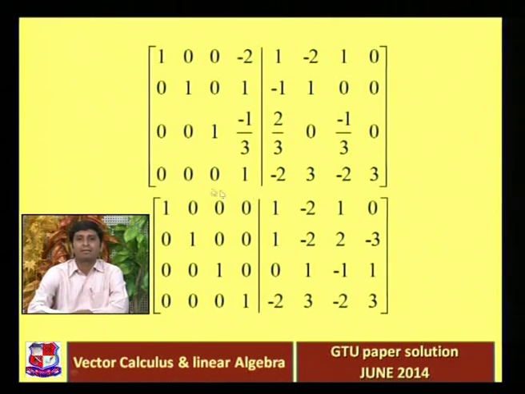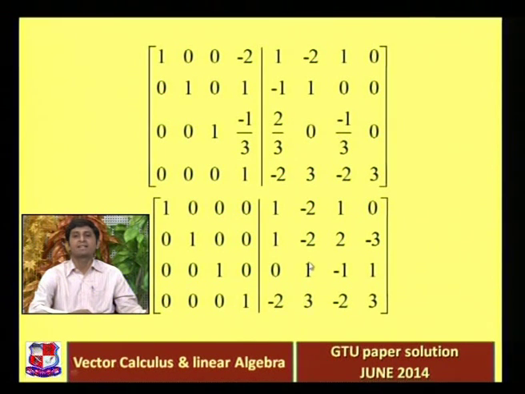Okay, we are multiplying the last row, the fourth row, with 2 and adding into the first row, right. So that's why these elements become -4 plus 1, that is 1, then 6 minus 2, okay, -2 1 and then 0.